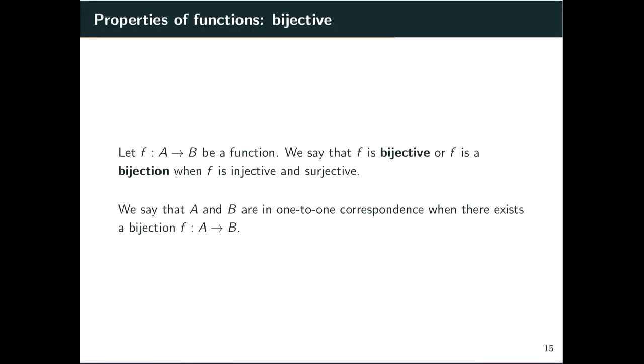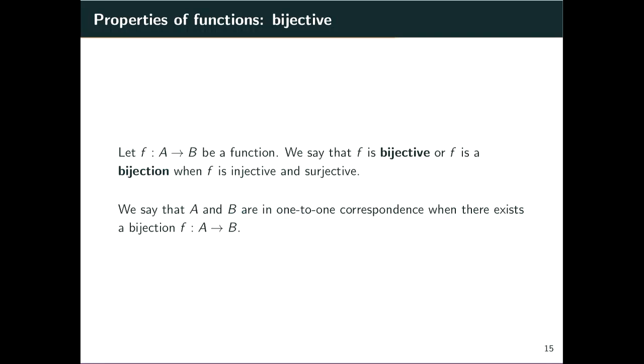Okay, so the next property of a function is bijective. If you have a function f that goes from a to b, we say that it's bijective, or that f is a bijection, when it's both injective and surjective. In this situation, a and b are actually in one-to-one correspondence.